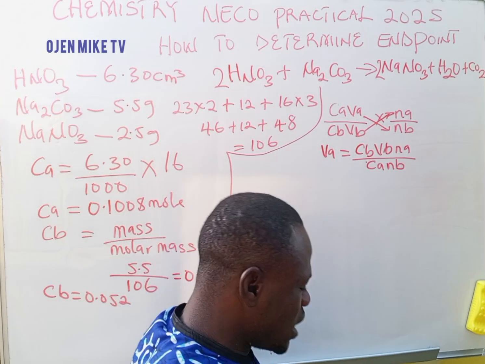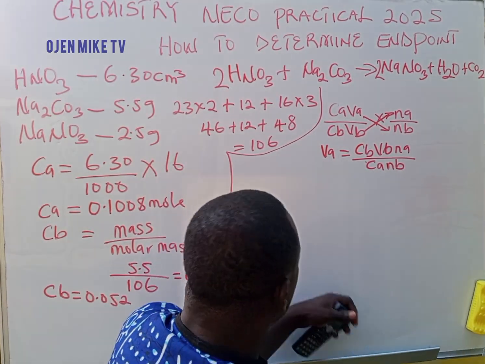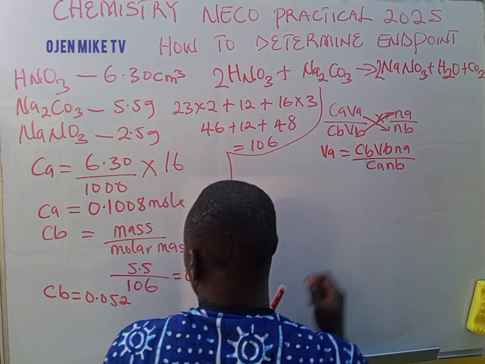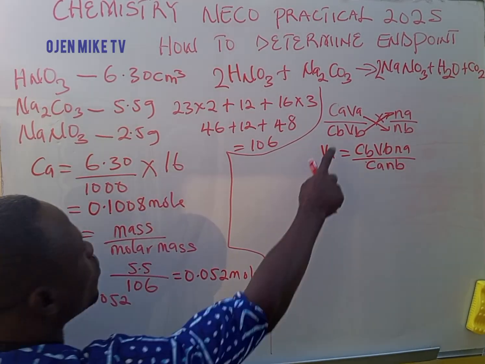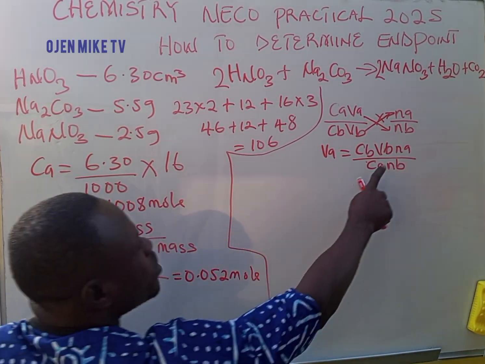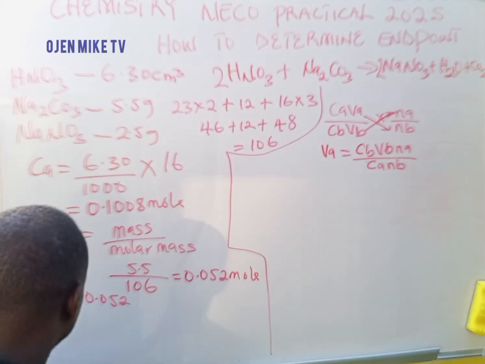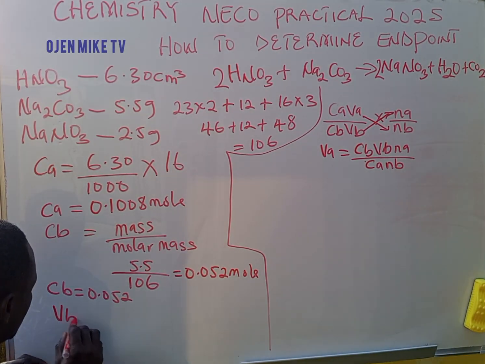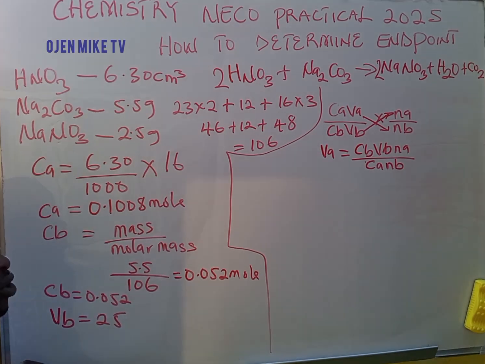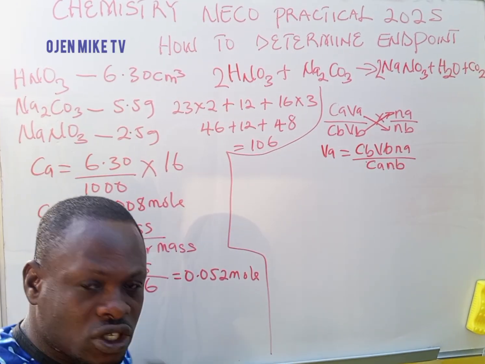Don't forget that you have already gotten your Cb and your Ca. What is your Vb? The volume of the prepared solution is given as 25. You use the one used in pipetting, 25.